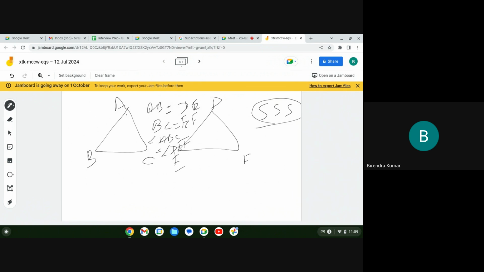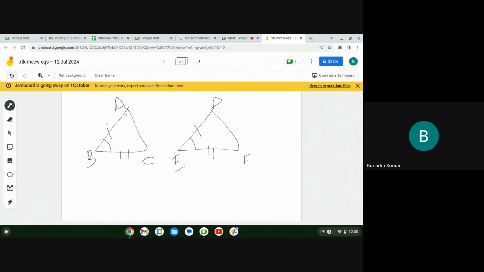So here, what we'll do is let's clean it a little bit. I have written this just for the sake of clarity, but we are talking about which sides are matching and which angles are matching. This side is matching, this side and this side are matching, and the angle between them is matching.